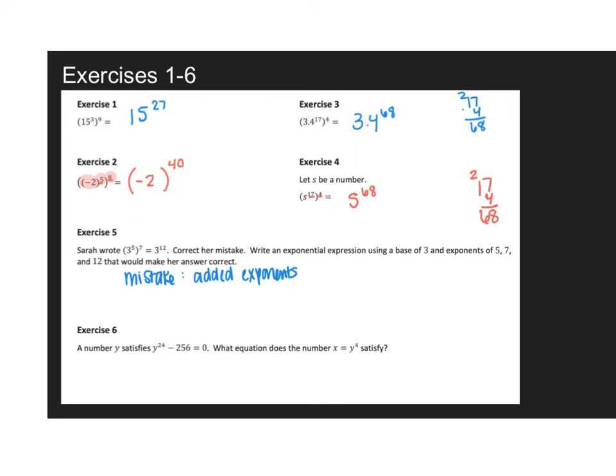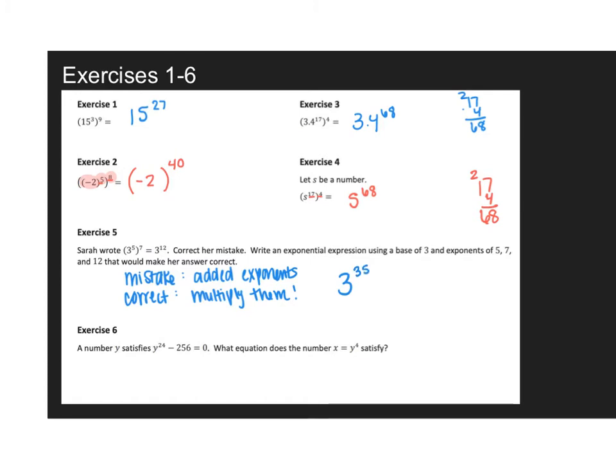And the correct way to do it is to multiply them. And so the correct answer would be 3 to the, well, what's 5 times 7? 35. 3 to the 35th power.